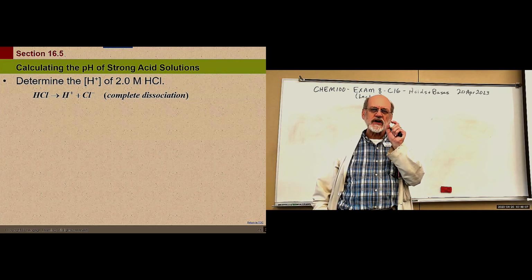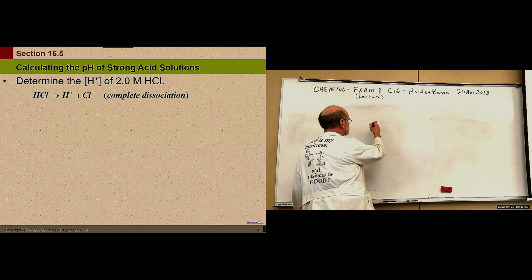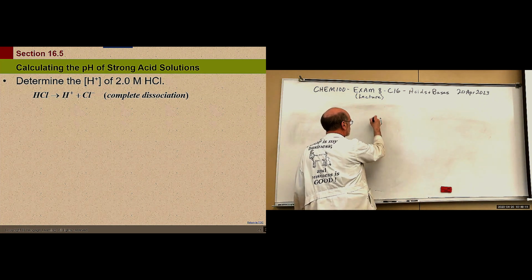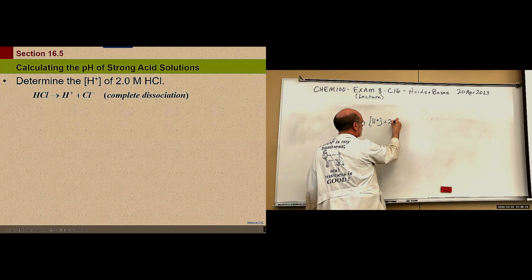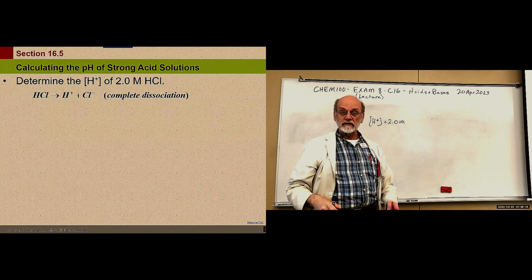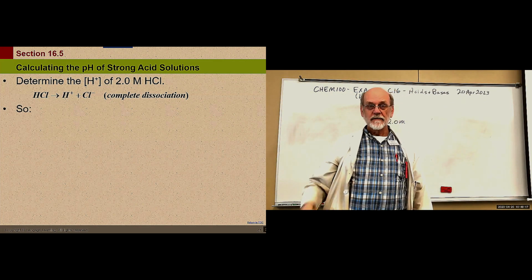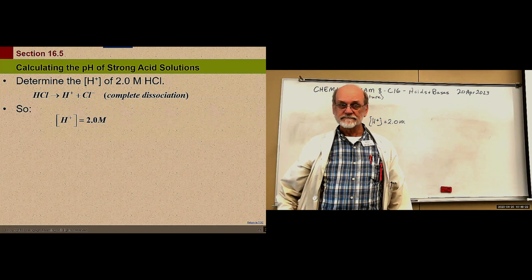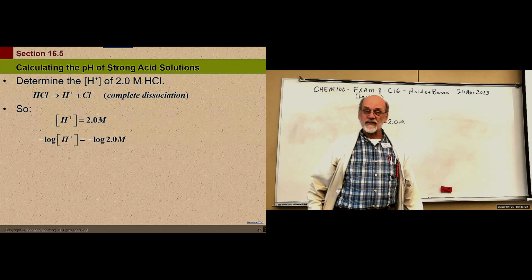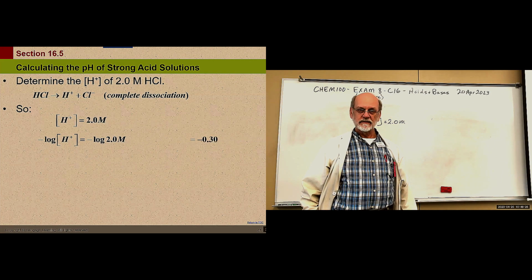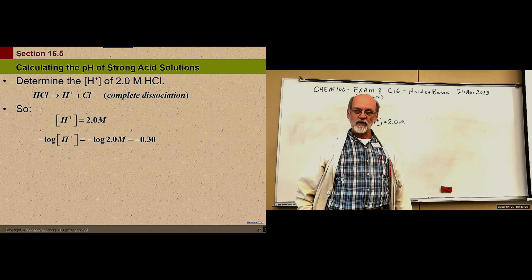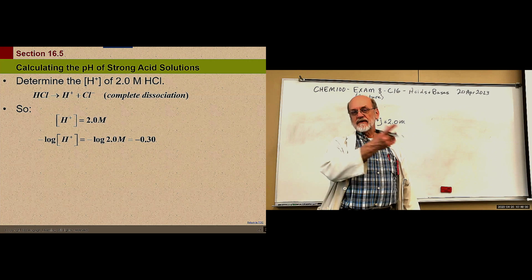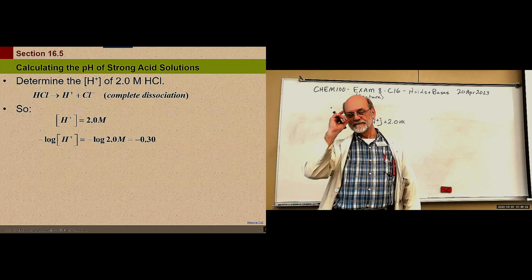So what's the concentration of hydrogen ions in this case? It's 2 molar, right? Now calculate the pH. Negative log of 2 is minus 0.30. There it is. There's a minus pH.